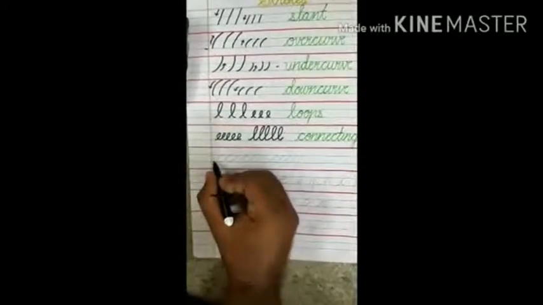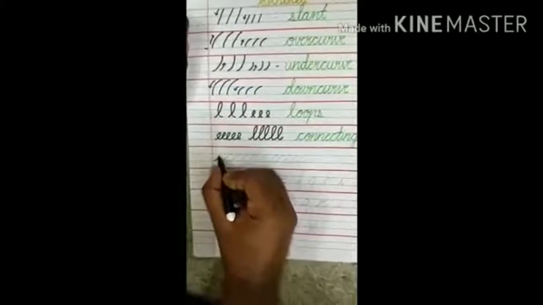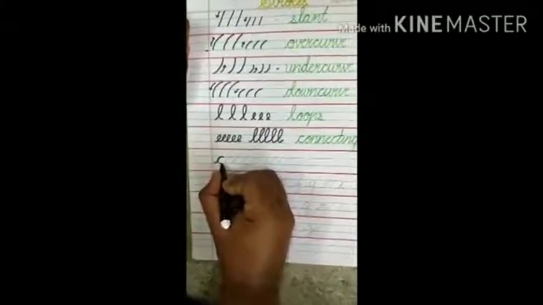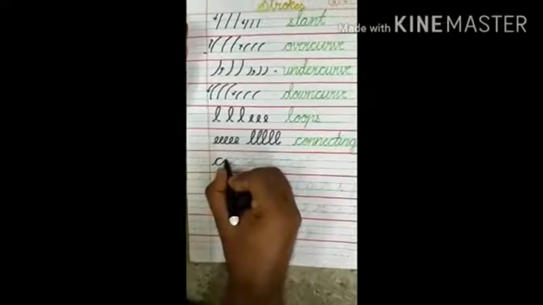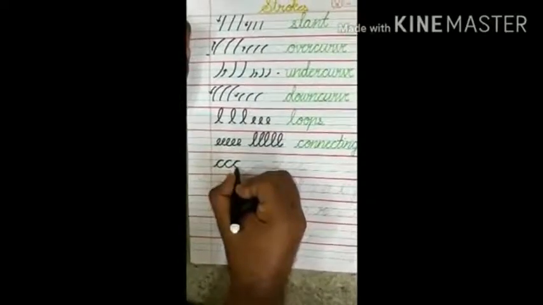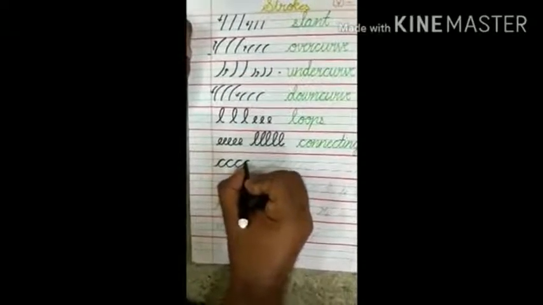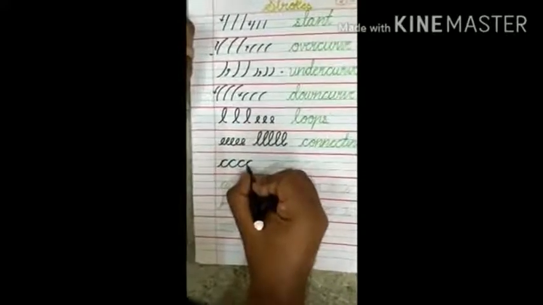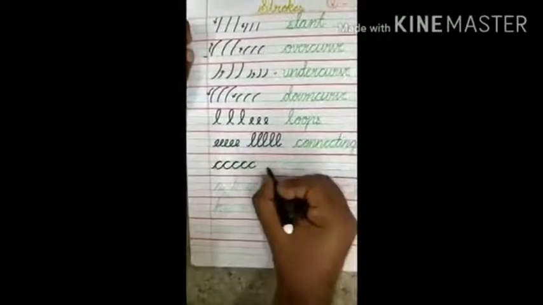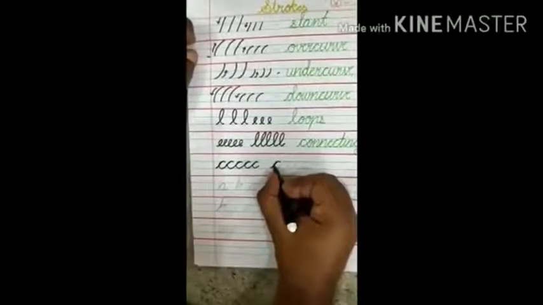With the over curve, see, coming here, over curve, down curve, under curve, over curve, down curve, over curve. This is how you join, children, with over curve like this.